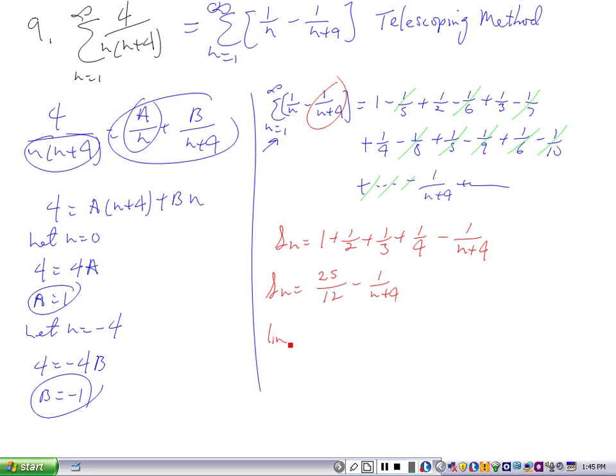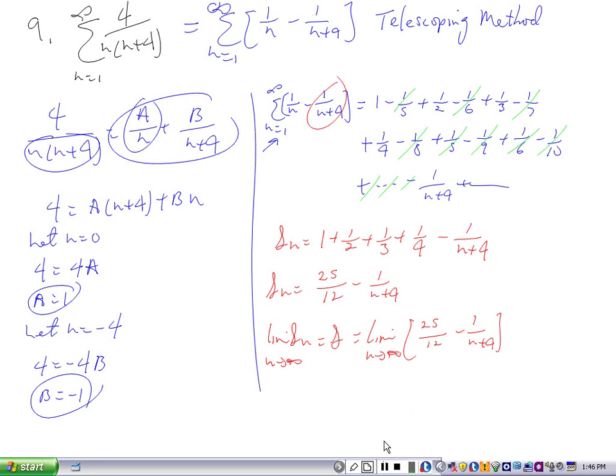You take the limit of s of n as n goes to infinity, that gives you the sum. Well, let's see. So this is the limit as n goes to infinity of 25 over 12 minus 1 over n plus 4.